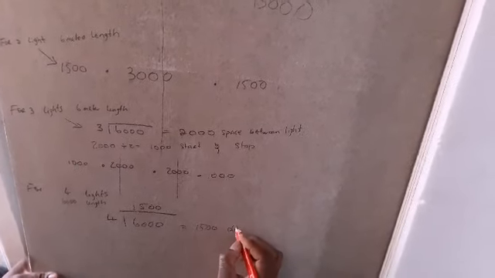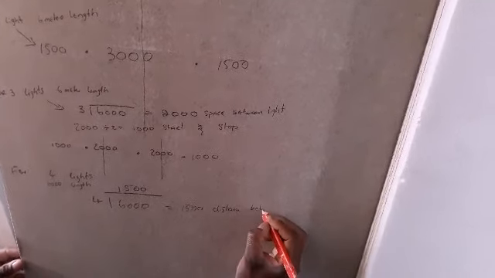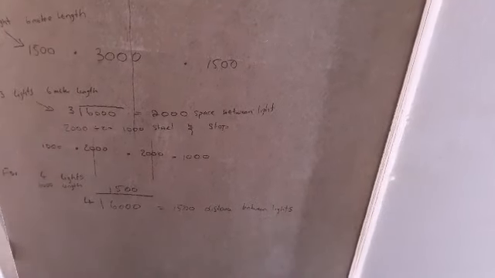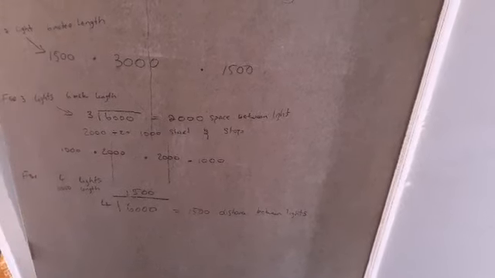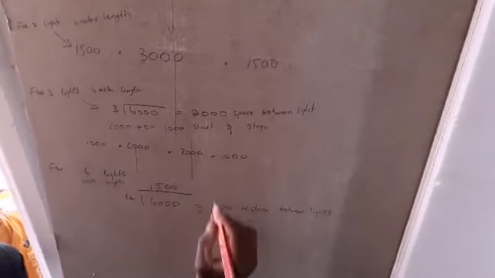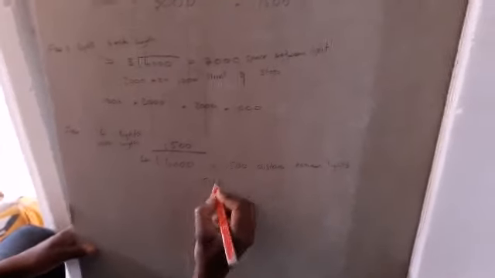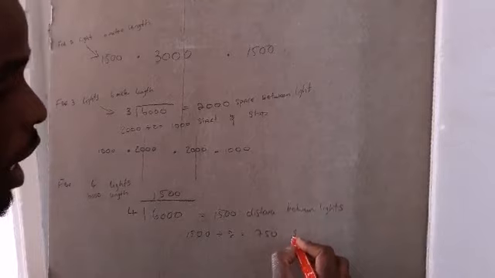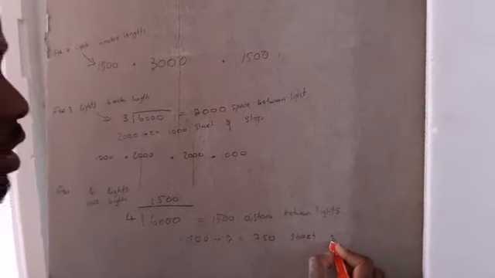That is the distance between lights again. And then you divide this 1,500 by 2, which would give you 750. That would be the start, where the lights start, and stop.